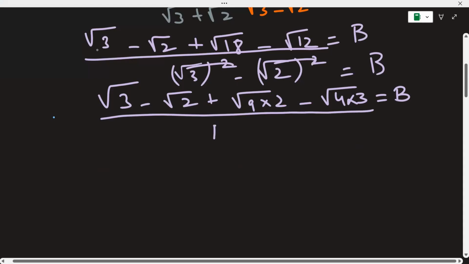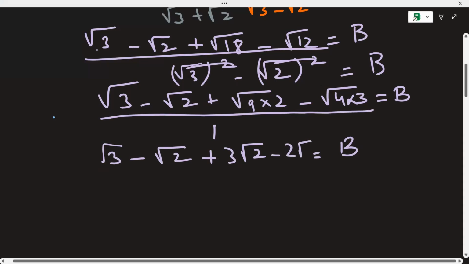So now we have removed the surds from the denominator. Now you can solve like terms, because under root 9 times 2 is 3 under root 2 and square root of 4 times 3 is 2 under root 3. Now we have like terms: under root 3 and minus 2 under root 3, and 3 under root 2 and under root 2. So when you subtract, your answer is 2 under root 2. And when you subtract these two, your answer is minus under root 3.